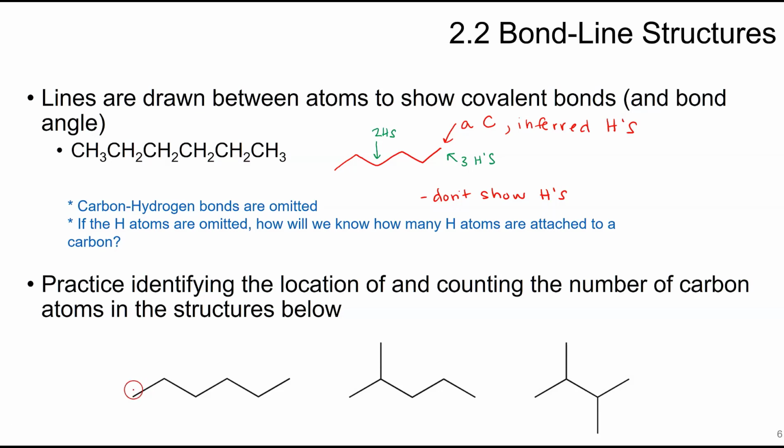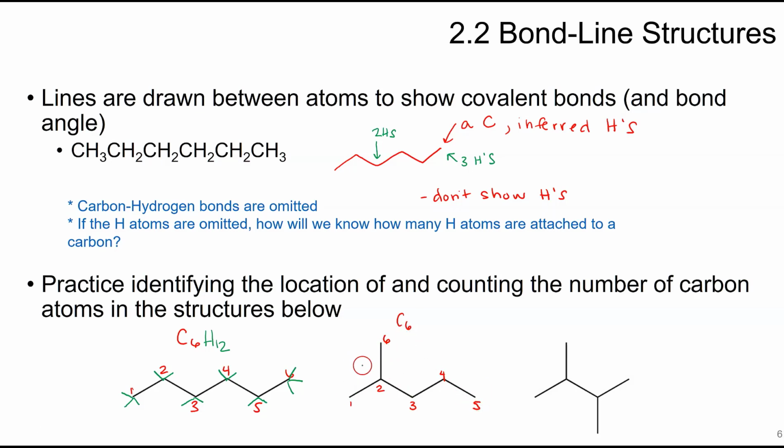For this first one, we have 1, 2, 3, 4, 5, 6 carbons, so it's C6. This carbon is making a bond to one other, so there's 3 hydrogens here. So 1, 2, 3. This one has 2, 2, 2, 2. This is 1, 2, 3, 3, 6, 7, 8, 9, 10, 11, 12. This has 1, 2, 3, 4, 5, 6. Each of these carbons on the end will have 3.